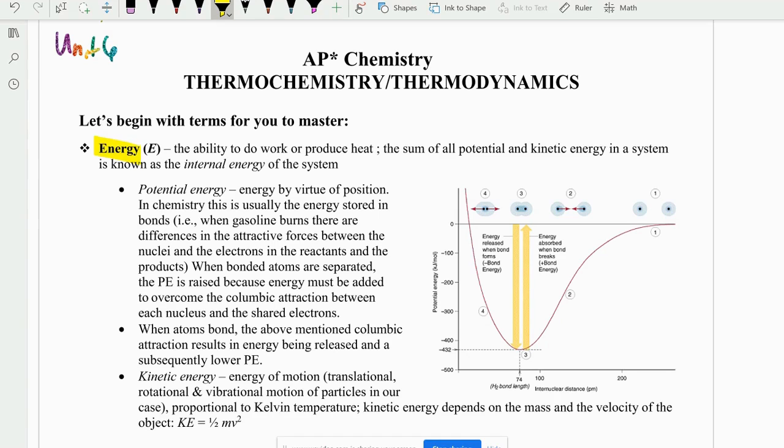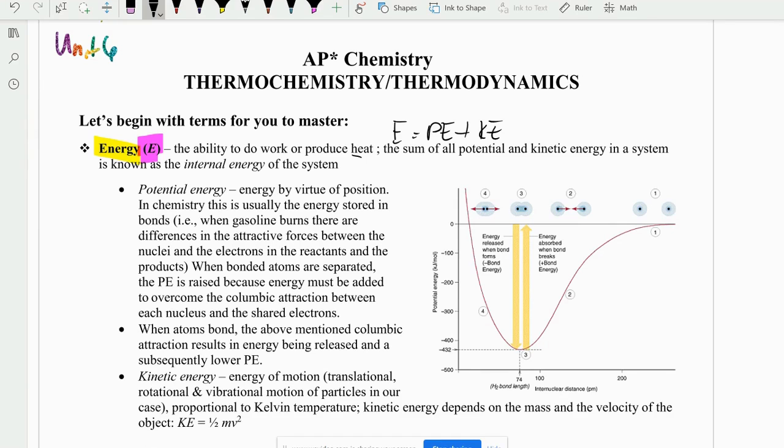So energy, capital E, is the letter we use to represent energy. This is simply defined as the ability to do work or to produce heat. In chemistry, like I said earlier, it really refers to the sum of the potential energies and the kinetic energies of a given system that we're looking at.